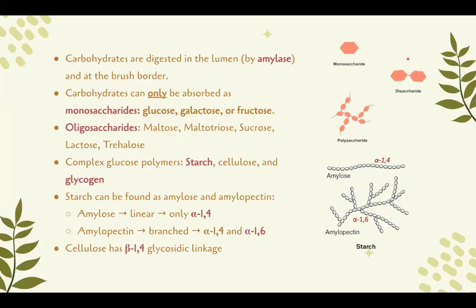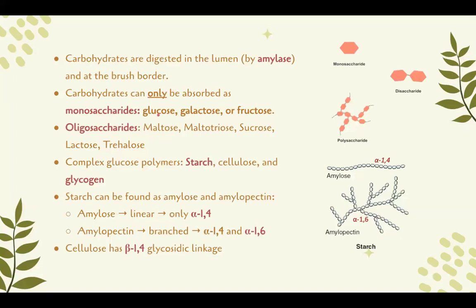So in this case, this, for example, is a disaccharide. Disaccharides are oligosaccharides, okay? And then when you have a lot of these monosaccharides joining together to form long chains or these branched structures, they're called polysaccharides or complex polymers, okay?